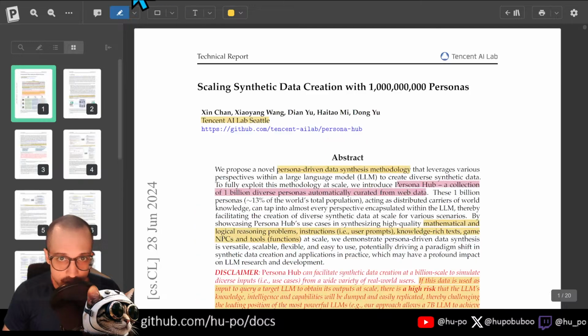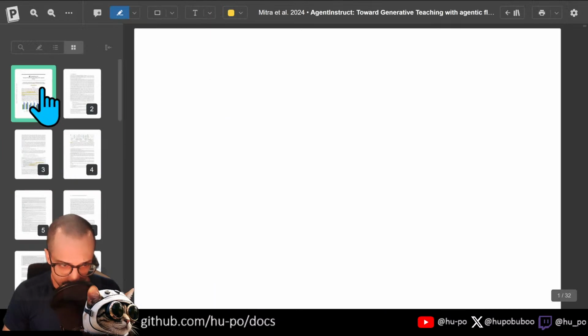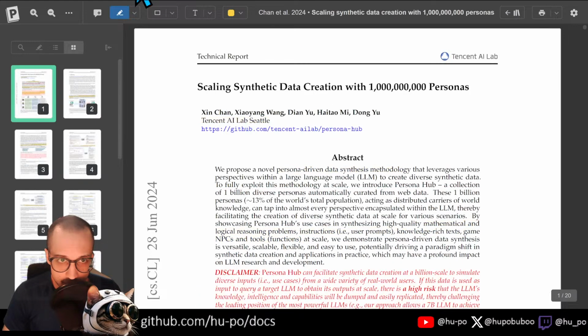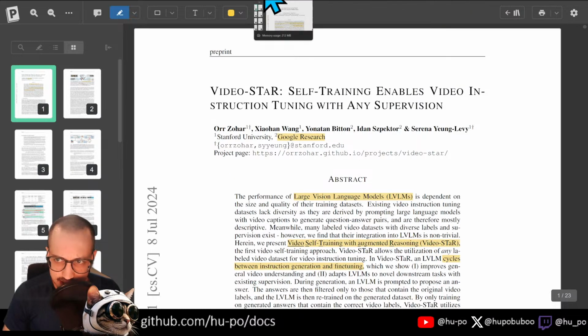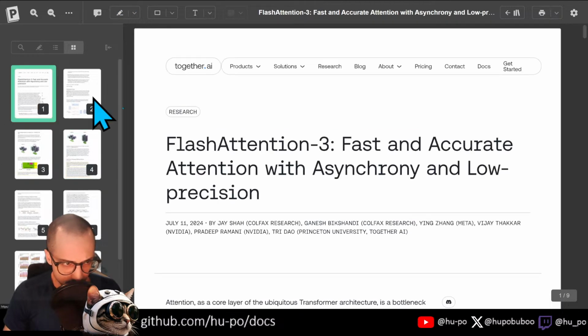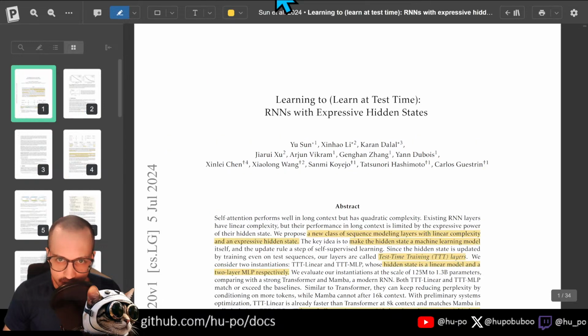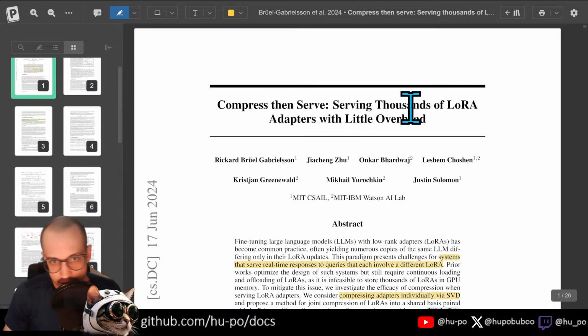The first concept we're going to be looking at today is synthetic data generation, and I've got 4 different papers about it. The second bucket is around Flash Attention 3 and some other linear attention versus LoRA stuff as well.